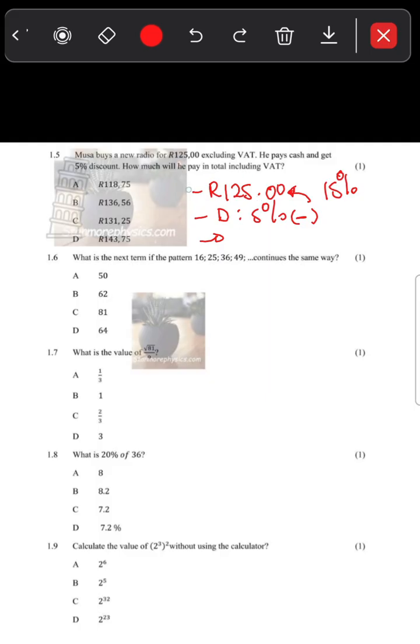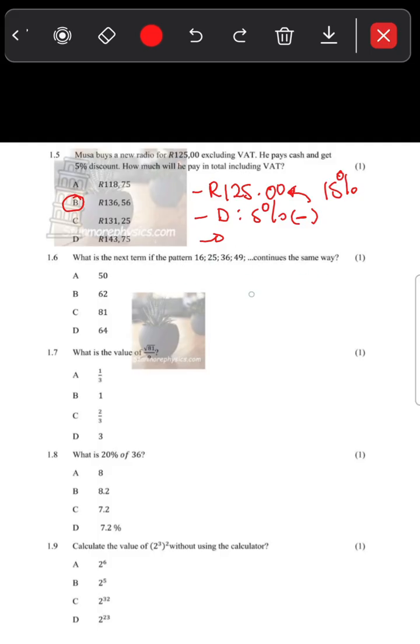The answer that you get, you add it, and then you calculate 5% of that amount, and then you subtract it. Your answer should be B, 136 rand 0.56.